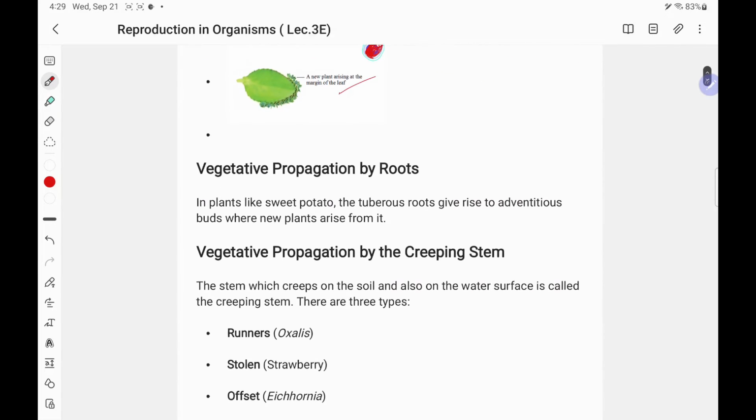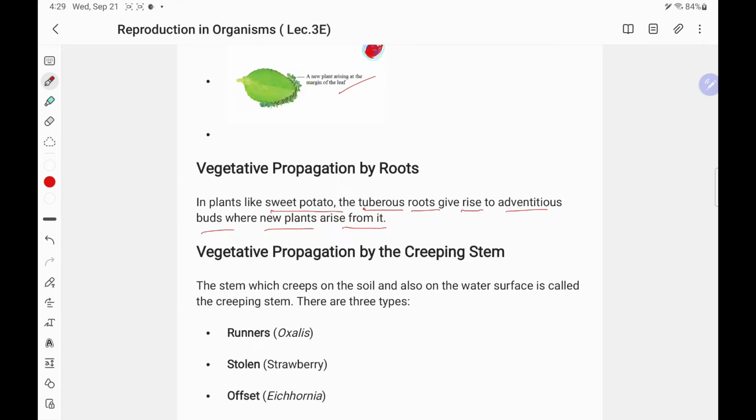Then vegetative propagation by roots. In plants like sweet potato, tuberous roots give rise to adventitious buds, and a new plant arises from these adventitious buds.